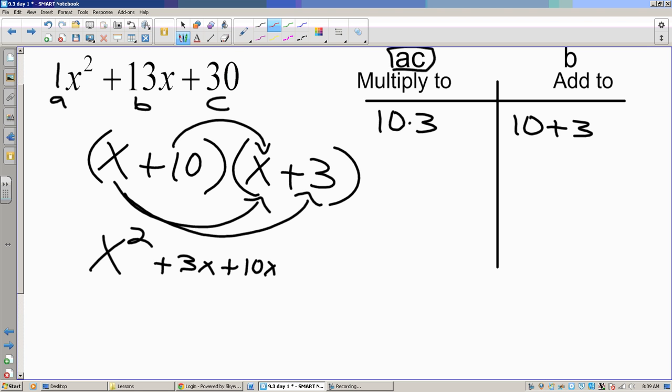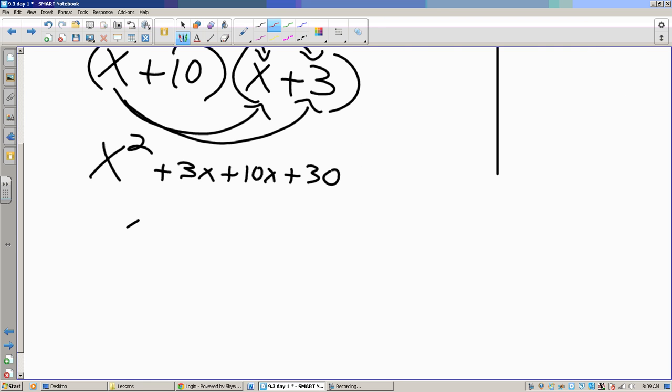We're going to combine those two in just a little bit. 3x plus 10x is 13x. And then this is where they multiply: 10 times 3 is 30. So we've got x squared plus 13x plus 30.